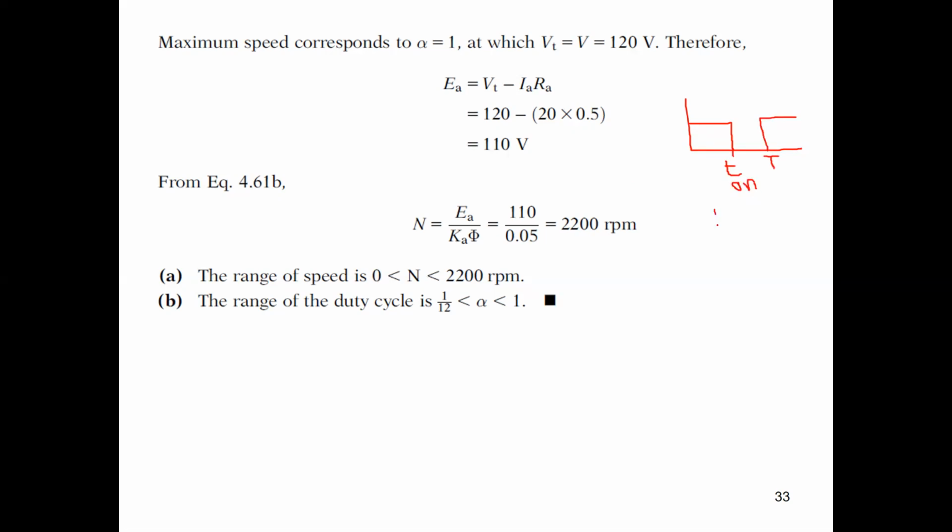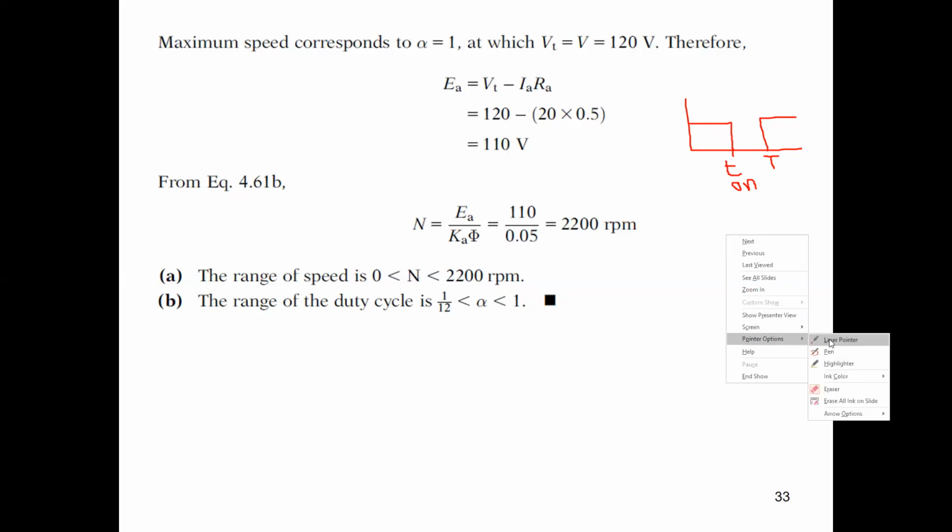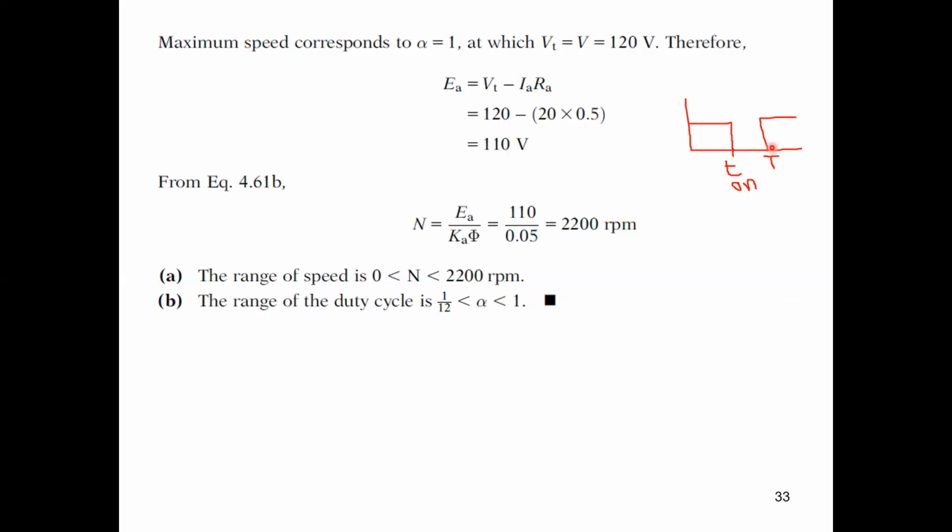So what will be the maximum value of alpha? If you have a look here, if T on equals T, alpha will be equal to 1. This is the maximum value of T on, and in that case, the switch will be turned on all the time, and the duty cycle or alpha equals 1.